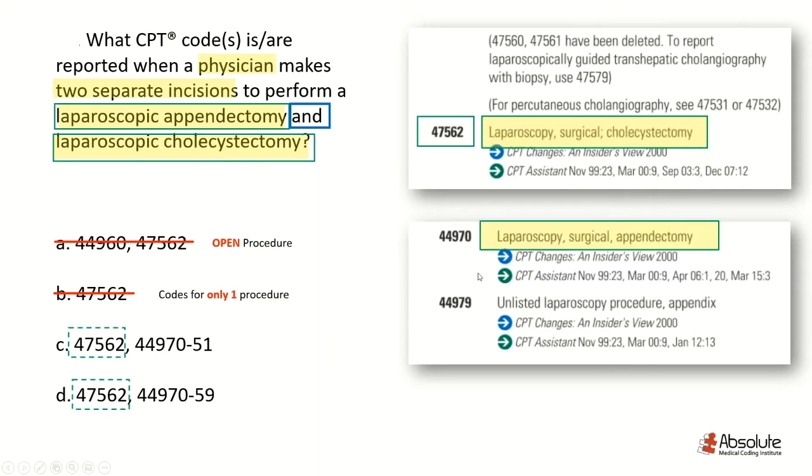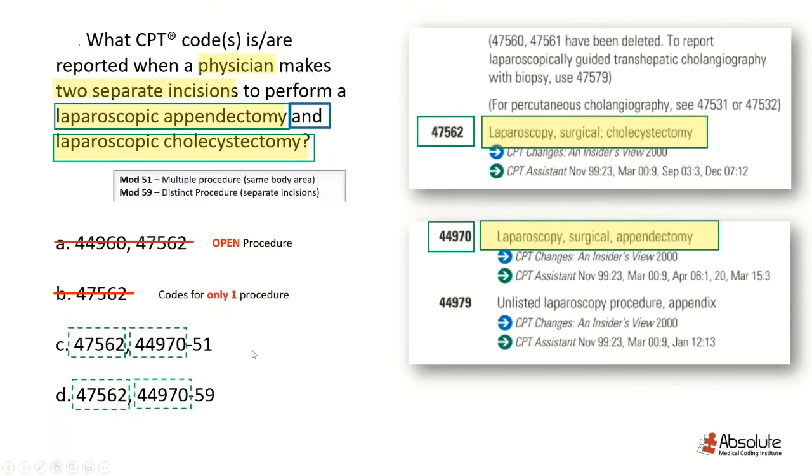We have the laparoscopic surgical appendectomy. Everything is the same except for that doggone modifier. And I told y'all when I was a student, I would be like, not the modifier. Okay, so for modifier 51, this is for multiple procedures in the same body area. All right. The thing that separates this thing is that it's distinct.